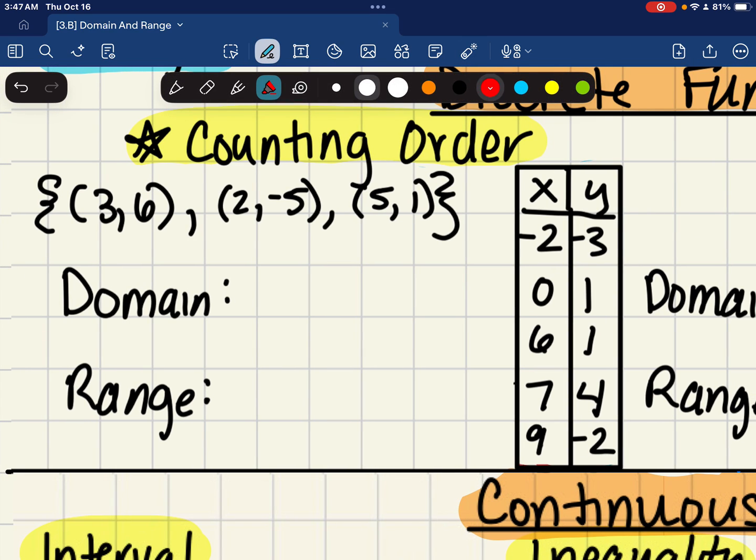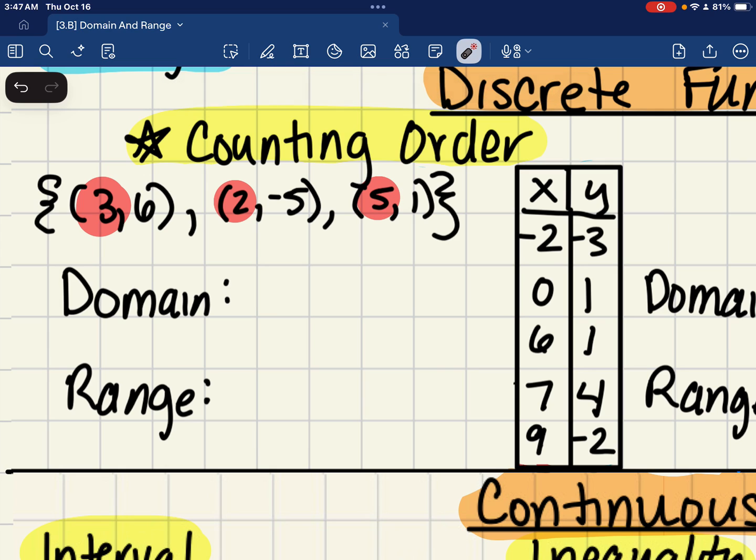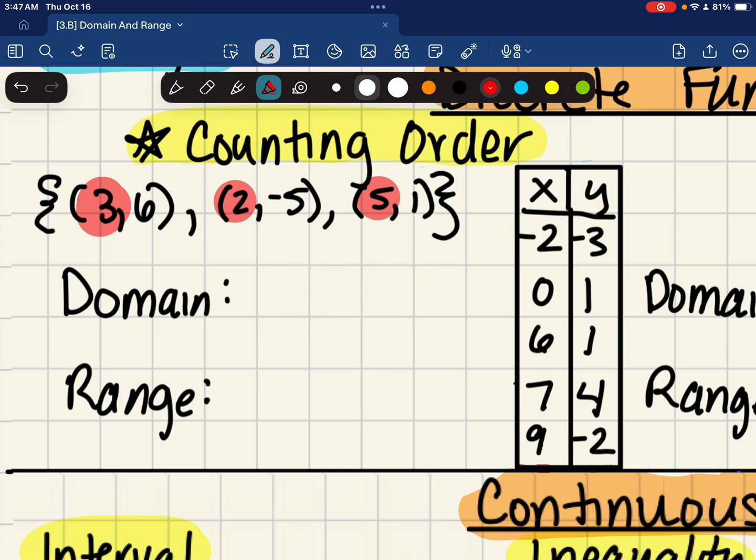For ordered pairs, the X value is always the first number, because ordered pairs say X, Y. And your Y values are always the second number. When I go to list off my domain, what we do with discrete functions is use these curly brackets to say we're listing off these numbers.